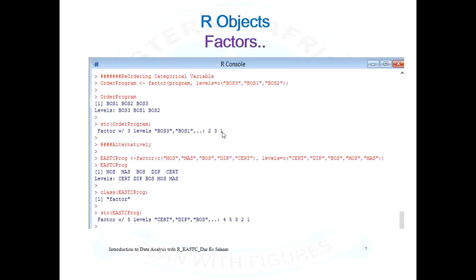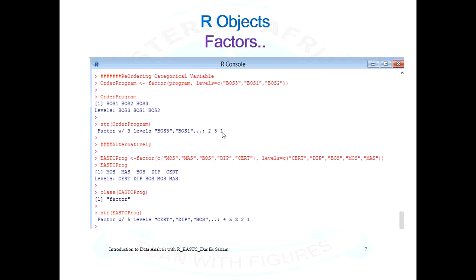Okay, so we have seen how to move from a vector object which is a character, and then you change that particular object into a factor, and by changing it to a factor, it will take default assignments.